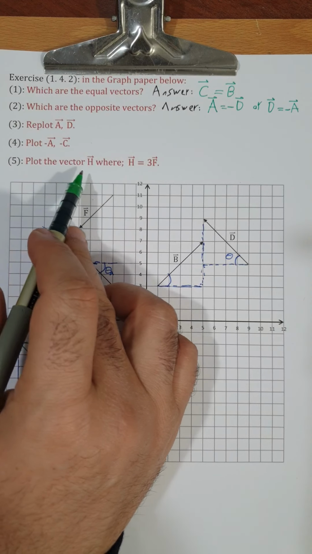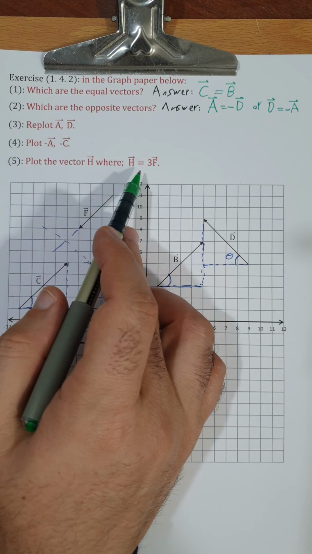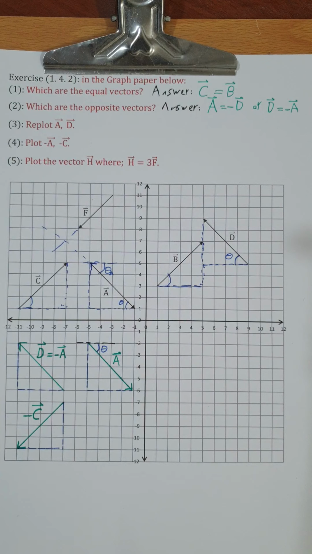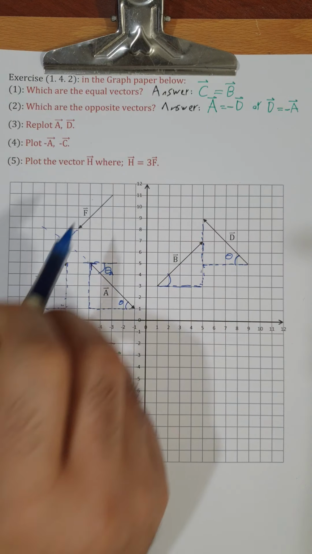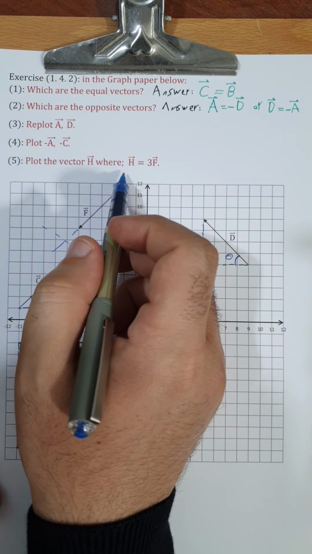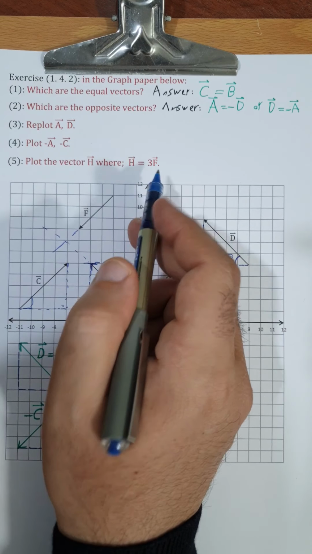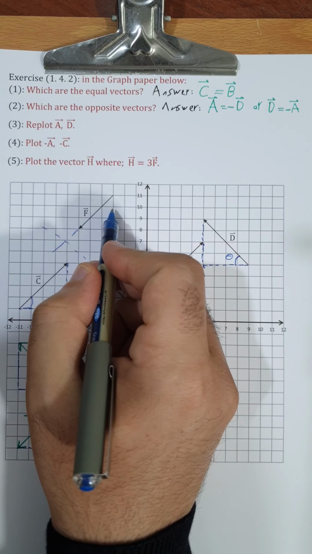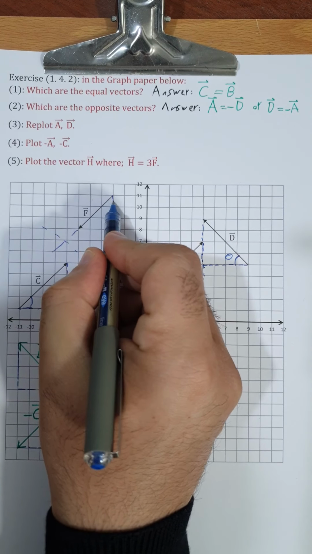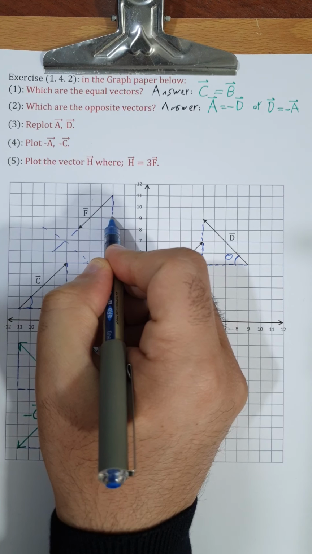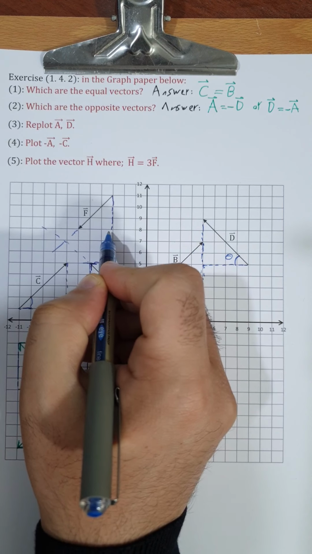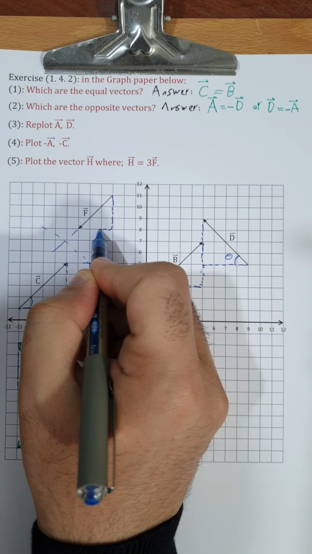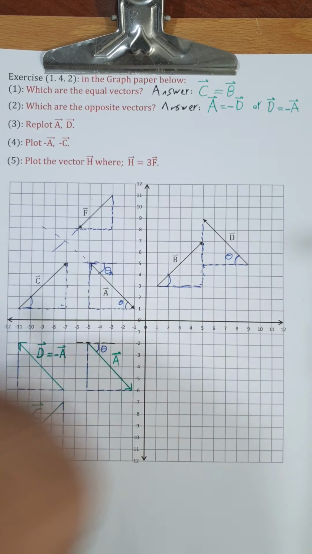Fifth, plot the vector H, where H equals 3F. First, to plot H equals 3F: what is the projection of F on the y-axis? The projection of F on the y-axis is 3 units, and its projection on the x-axis is also 3 units.